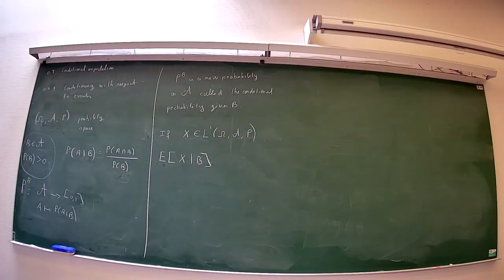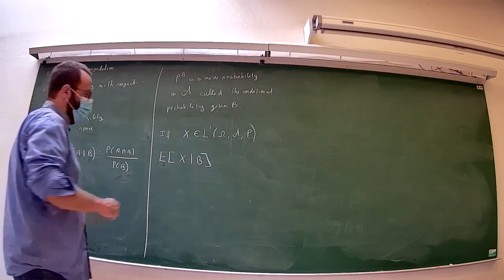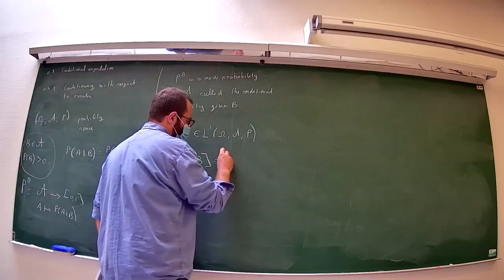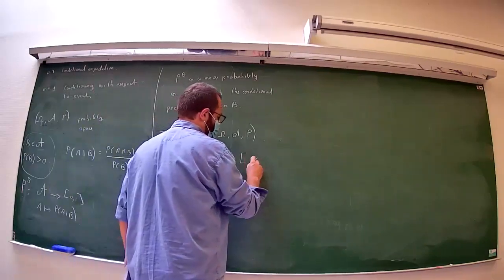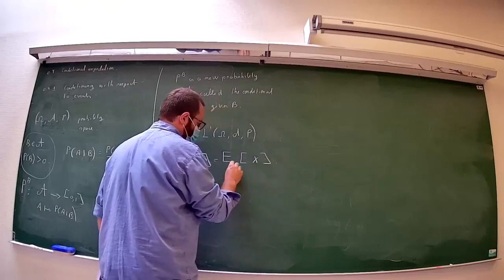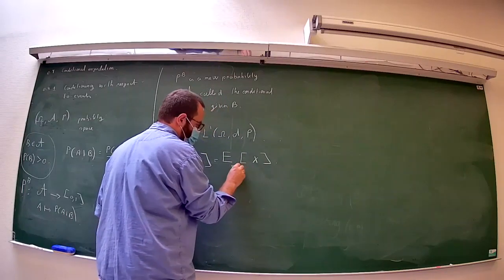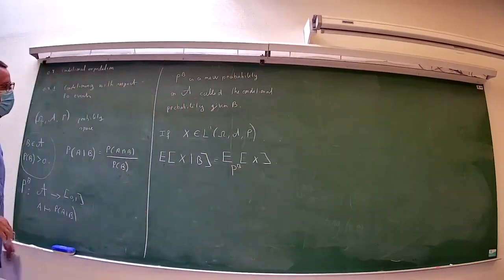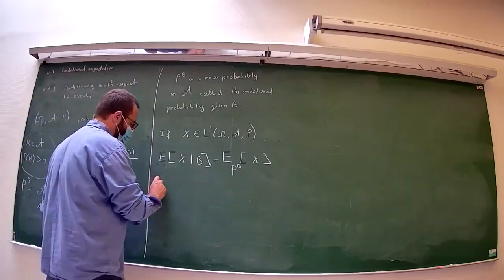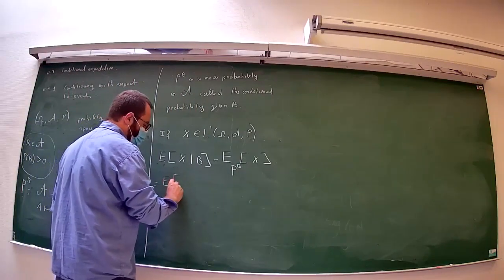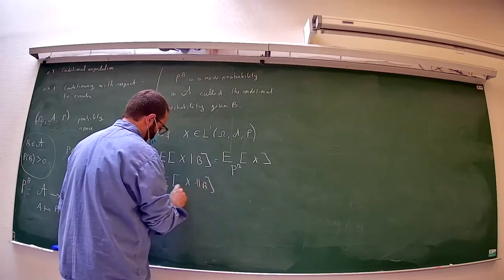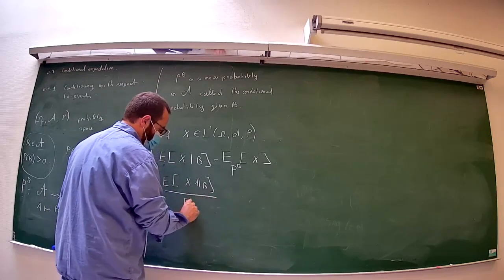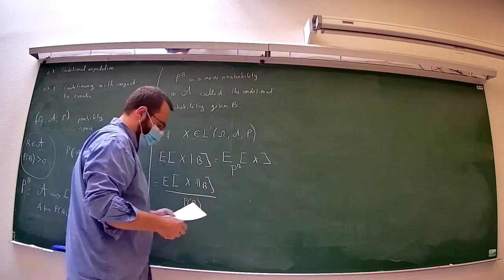And this conditional expectation given B is in fact simply the expectation of X with respect to the new probability P_B. And we have a formula for this: it's the expectation of X times the indicator function of B, over P of B.